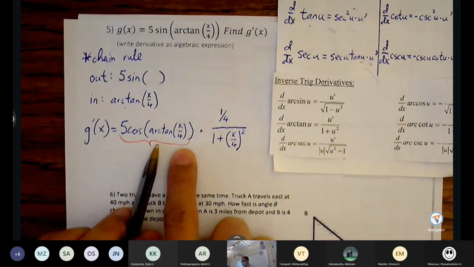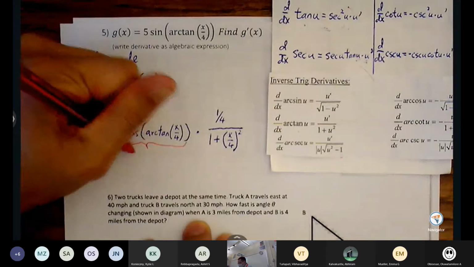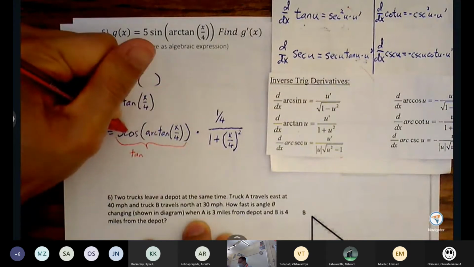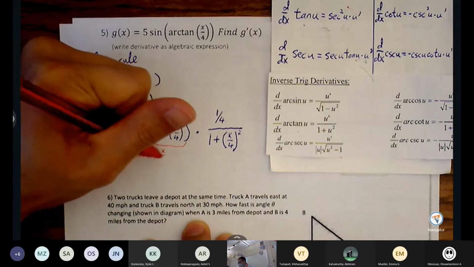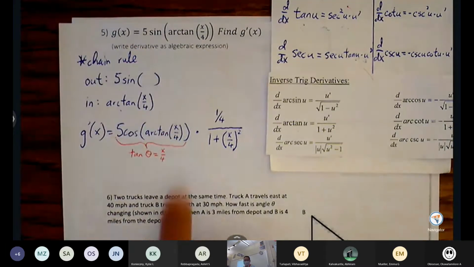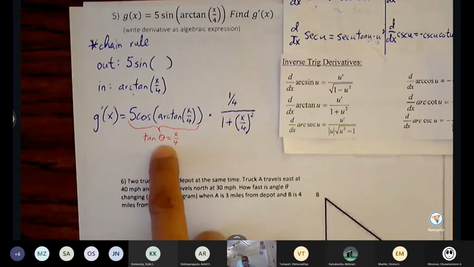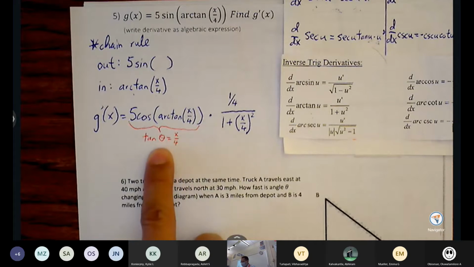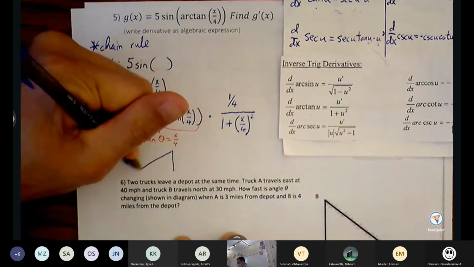Because this arctangent of x over 4 is basically saying find the cosine of a triangle where the tangent is equal to x over 4. But to find the cosine of this scenario, it's easier if we can get a picture to show up. So we're going to create a picture where tangent of theta is equal to x over 4. So build our triangle.